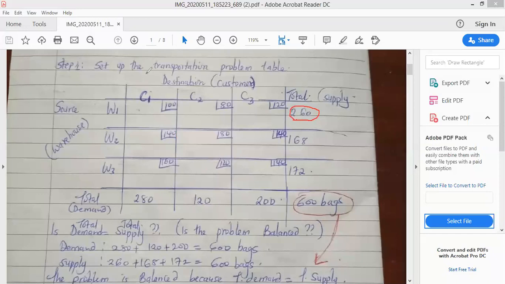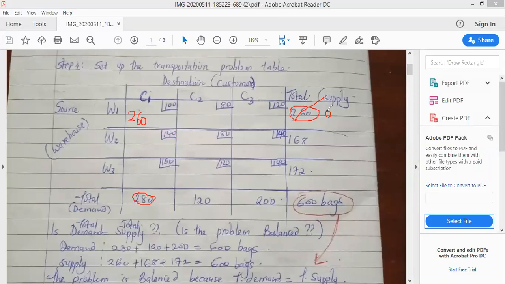The requirement by destination C1 is 280. Can the cell W1C1 receive 260 units from source W1? Yes, comfortably. But we cannot assign anything more from source W1. We have exhausted it, so the balance there is 0.